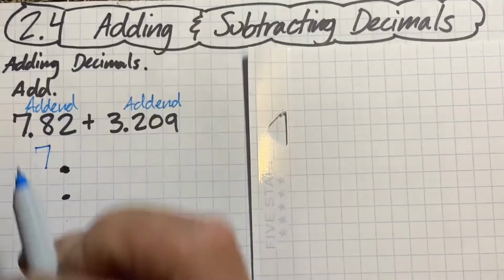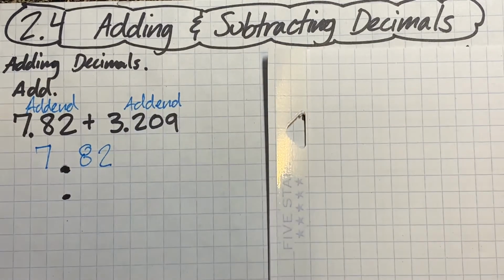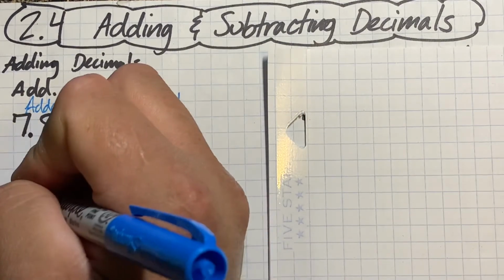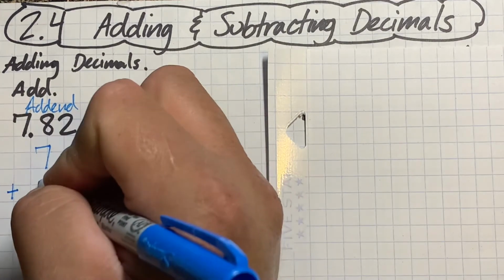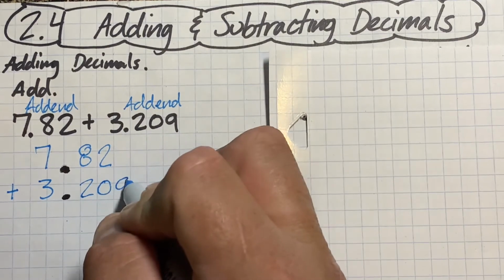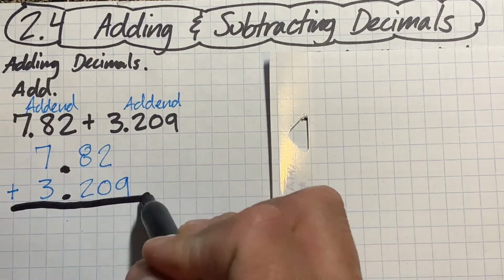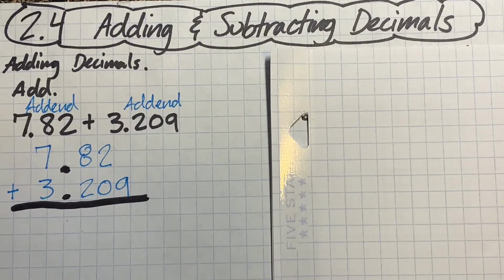So 7 and 82 hundredths plus 3 and 209 thousandths. Now keep in mind that I want to keep everything exactly in order. That being said, I prefer that you use graph paper, so that would work to keep everything in line.